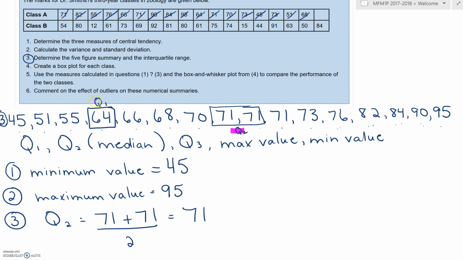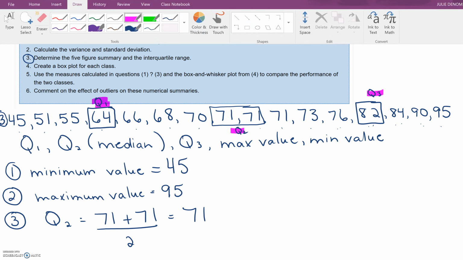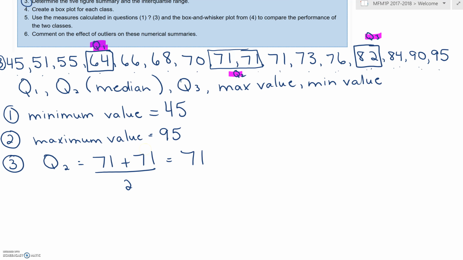If you need help doing that, I'll look in the content in a second, and I think they use a formula. Over here, we have 7 pieces of data again, so 3 on the left and 3 on the right, which makes your Q3 value 82. So you want to write down that Q1 is equal to 64 and Q3 is equal to 82.